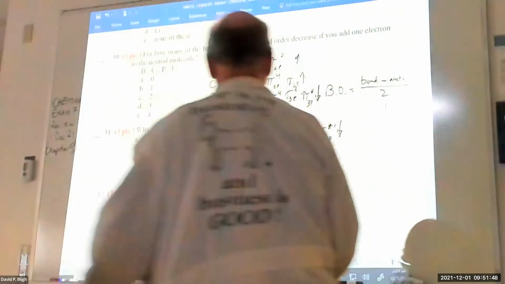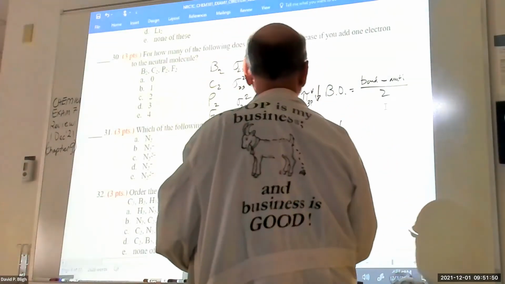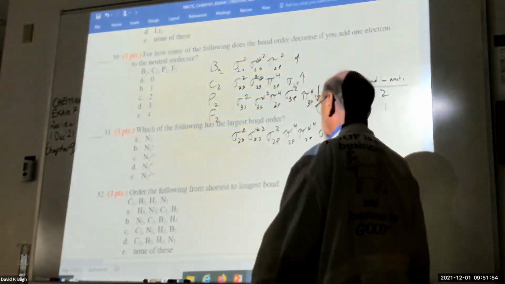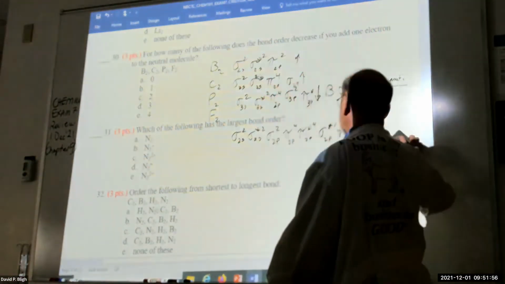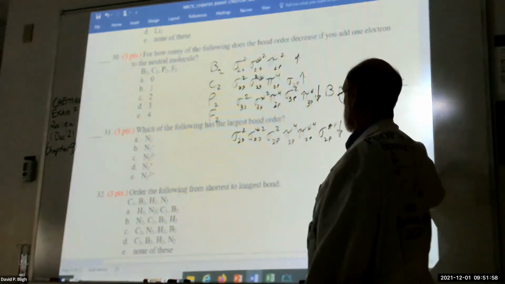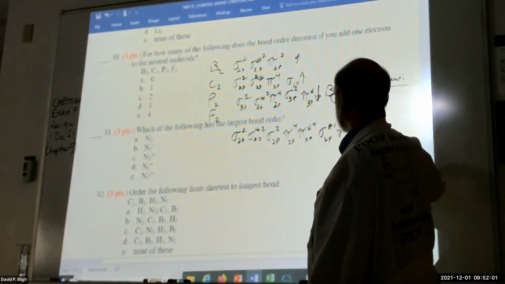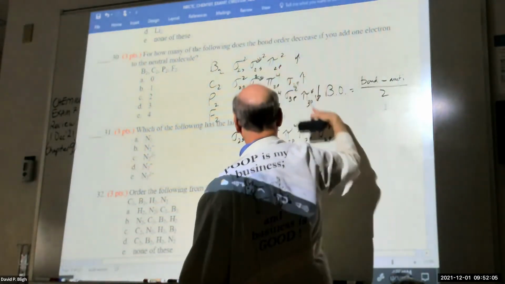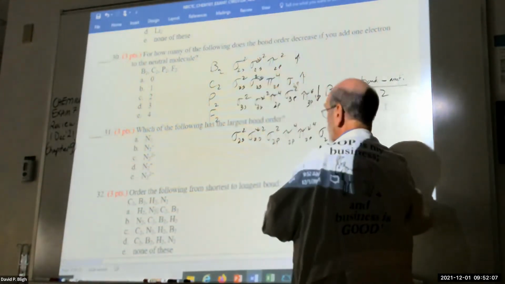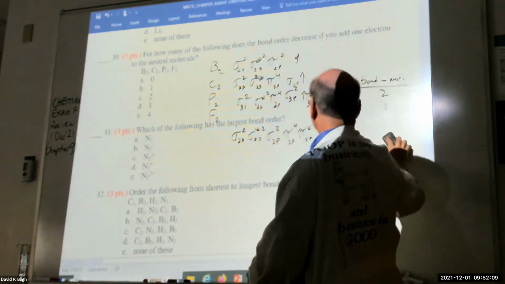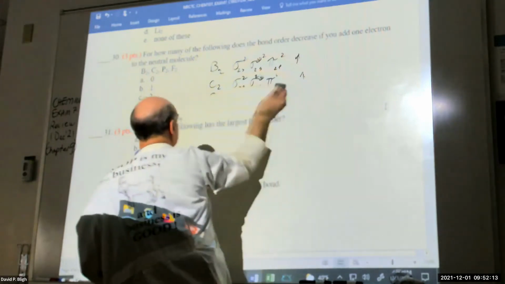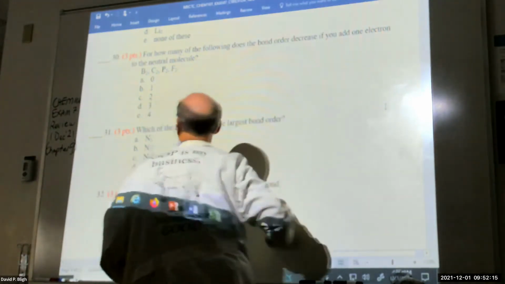Yes. Okay. So we didn't actually have to calculate the bond order. You can do that if you want, but a reasonable and quick approach is to say what happens out beyond. Are you adding to anti-bonding or bonding? Okay, that was 30.